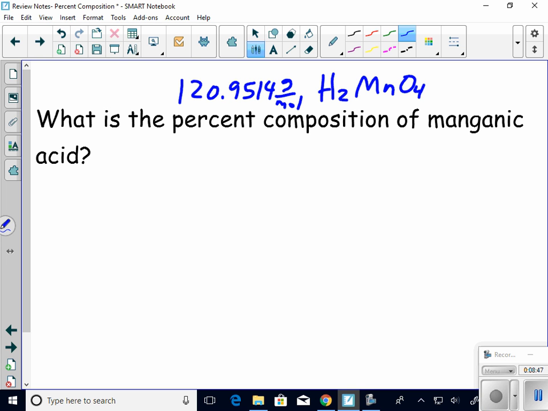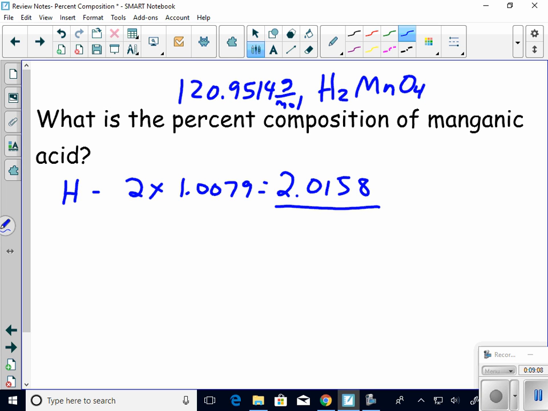So, I'm just going to start off with hydrogen. I know that there are 2 hydrogen. Each hydrogen's 1.0079. So that gives me 2.0158 grams total of hydrogen.